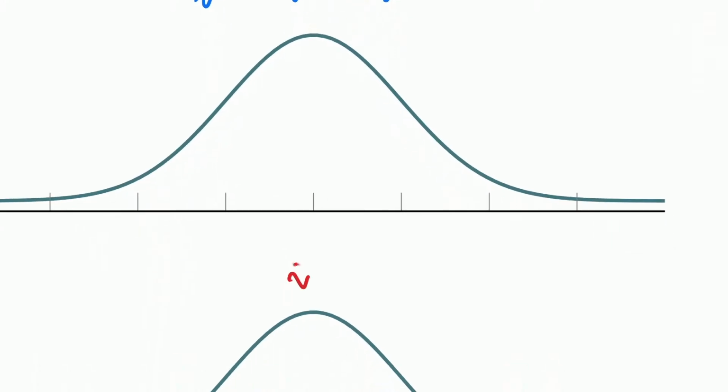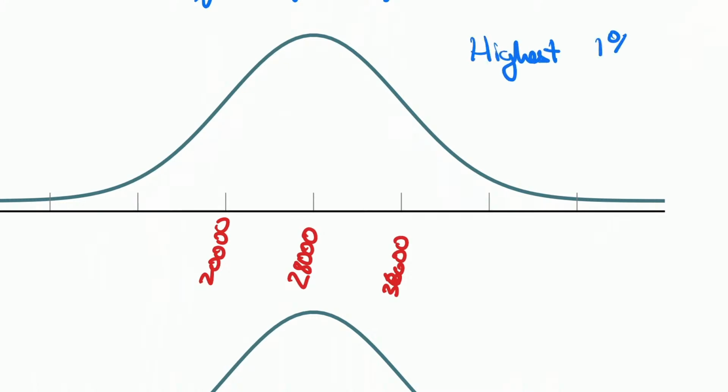Let me get this set up again. 28,000, 36,000, 20,000. Now, here's where I need you to see if you can figure out where the line would be for the highest 1% of households. Where would that line go?